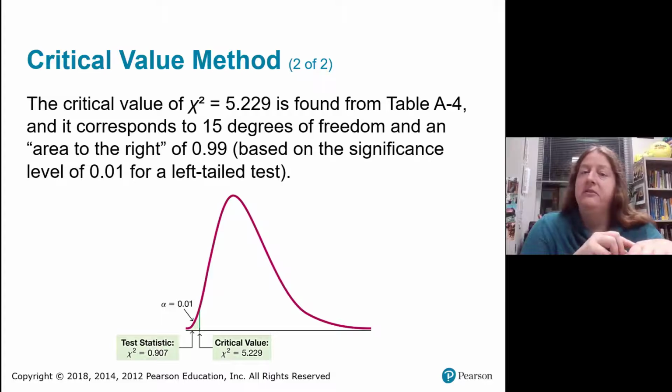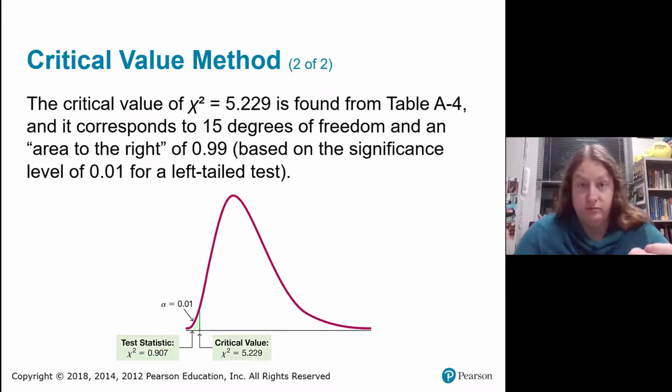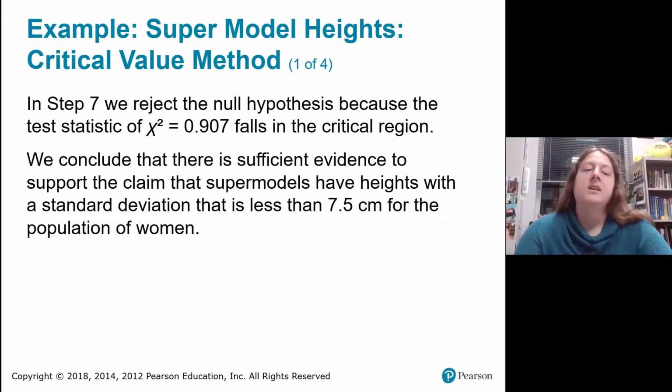To find the exact p-value, we always need to use technology, but we can approximate where it would be. With the critical value method, we don't need technology at all. We can find our critical value and see how our chi-square value relates.